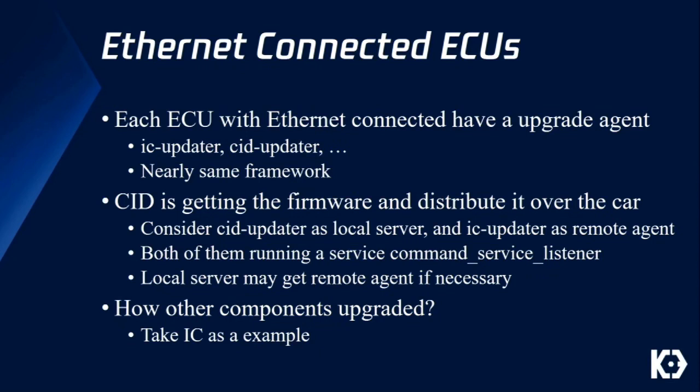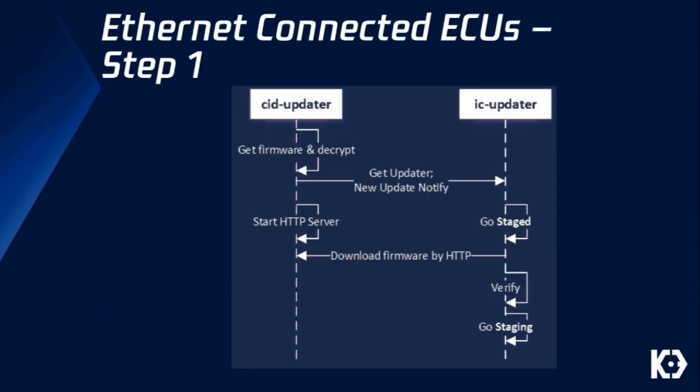Again, we need to take the IC as an example to show how common Ethernet-connected ECUs are updated. Of course, the first step is that the remote hardware, the IC, needs to get the firmware. After the CID has got and decrypted the firmware from the cloud, it will contact the IC updater and send a new update notice command to it.